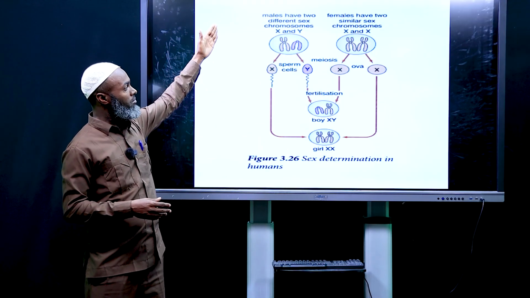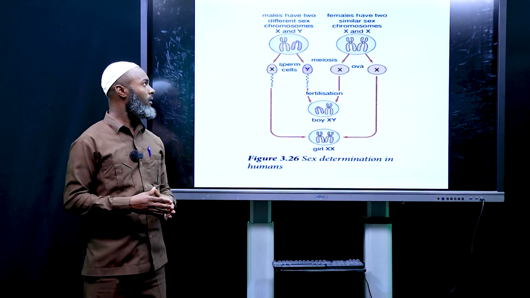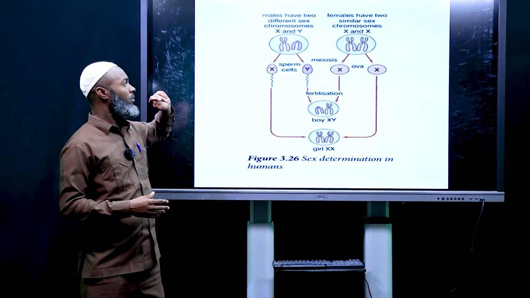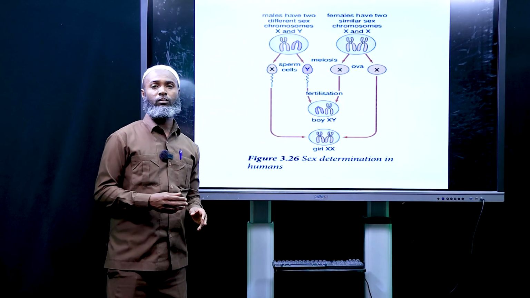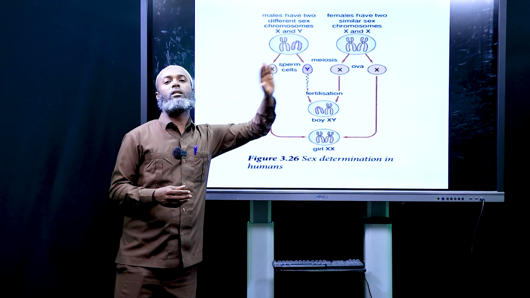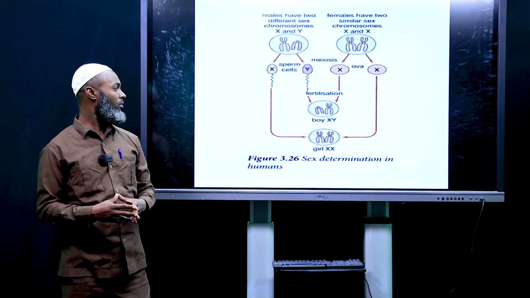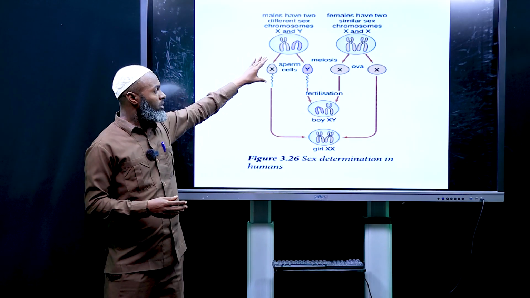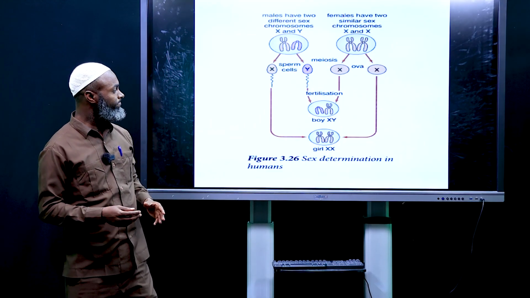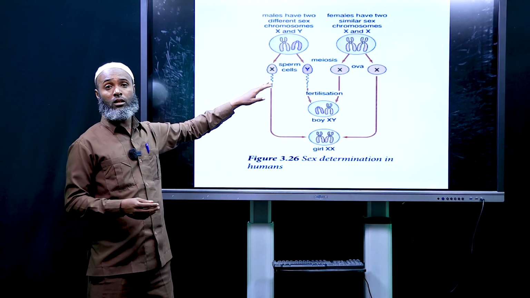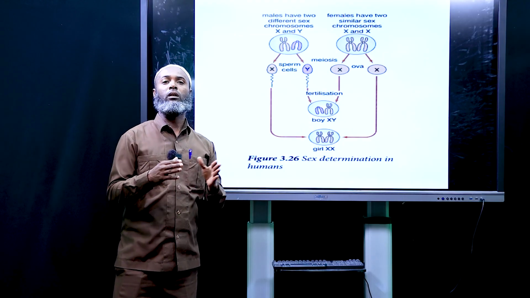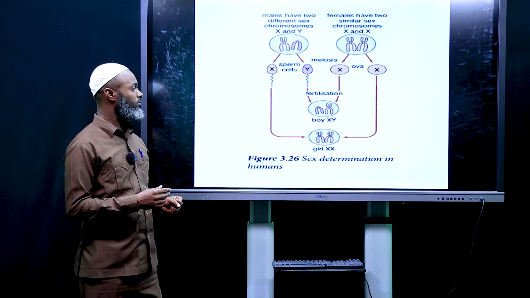Now let's take male and female, father and mother. Males have X and Y chromosomes, whereas females have X and X chromosomes. So during fertilization, the possibility is 50% of having an offspring, a child, that is male or female.